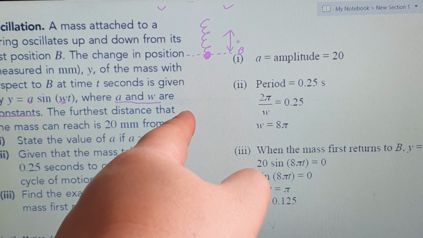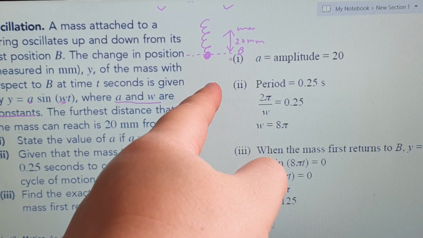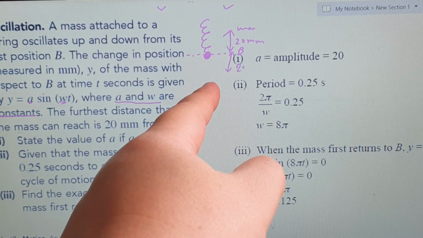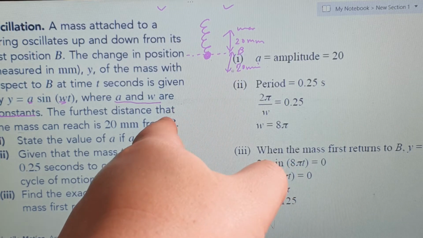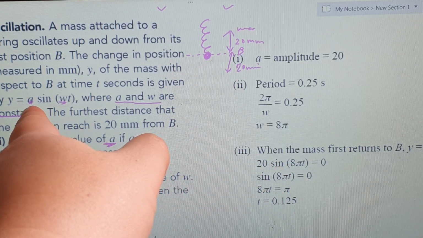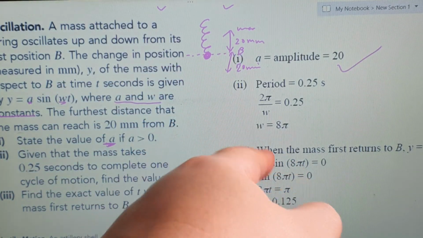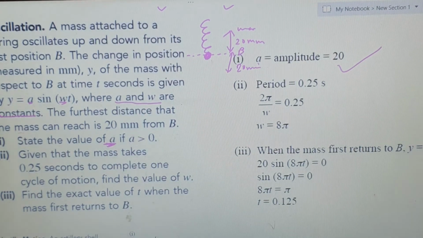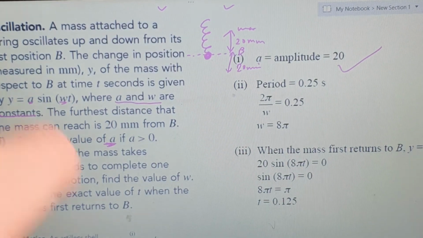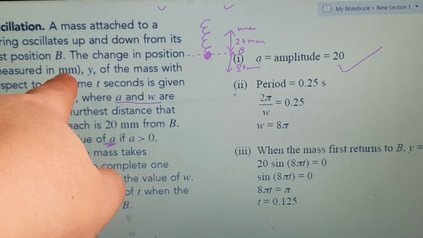So they are trying to tell you the maximum is 20 mm, and the minimum is 20 mm away from B. So don't you agree that the A has to be the amplitude value, which is 20? Finish. Okay, so that is why 20, and no need to convert to meter or whatever, because they say all these are measured in mm.